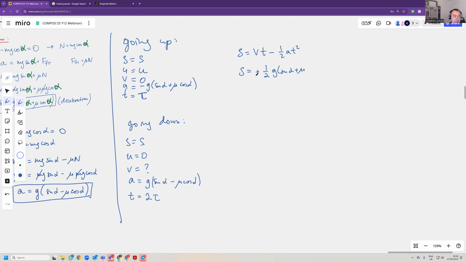Well, no, we choose a different direction each time. Going up, up is positive. Going down, down is positive. It's a bit weird, but it works. So s is 1/2 g (sine alpha plus mu cos alpha) times tau squared.